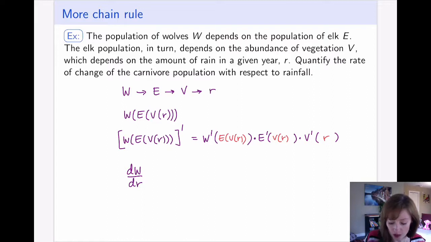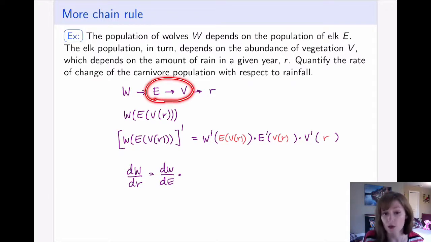So the first step here is I'm going to take a derivative of w with respect to e, its independent variable. So the first derivative is w with respect to elk population. And then the chain rule is a chain of multiplications. So followed by times, and then I follow through with the chain. So now I'm at e, I have to take a derivative of e, and its variable is v.